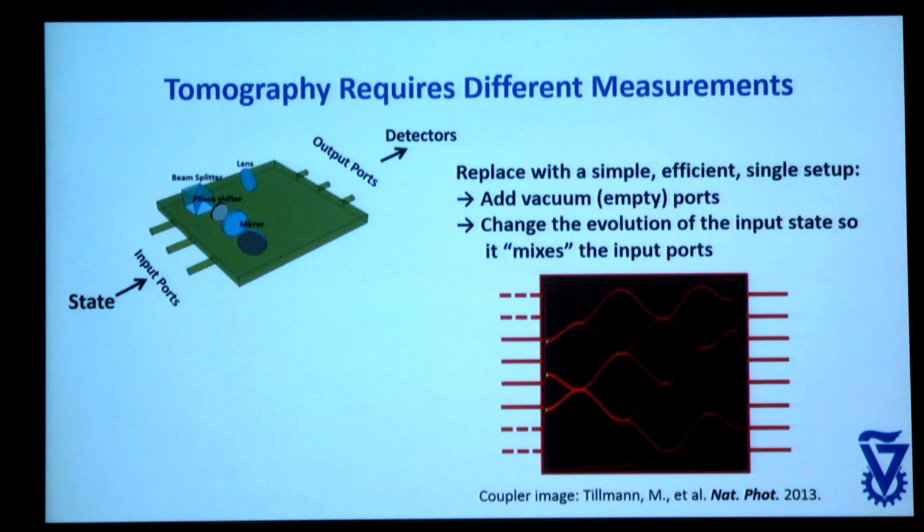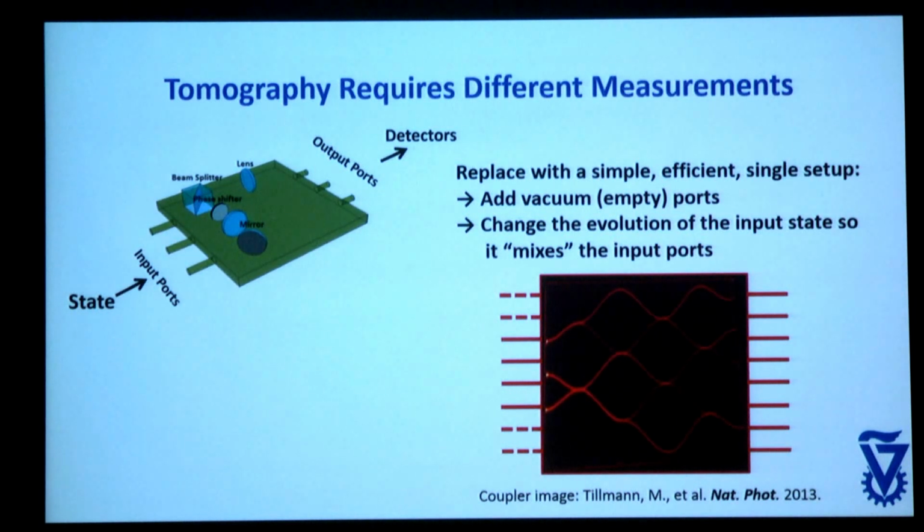However, we can't really do that because there's missing information. That's why we're adding vacuum ports. Remember those channels? We add channels in which there are no photons. We know that. It seems like it gives us nothing, but it does give us more measurements at the output. Furthermore, we change the evolution of the state. Instead of propagating in just a coupled array, we change the evolution to mix the input ports even further.